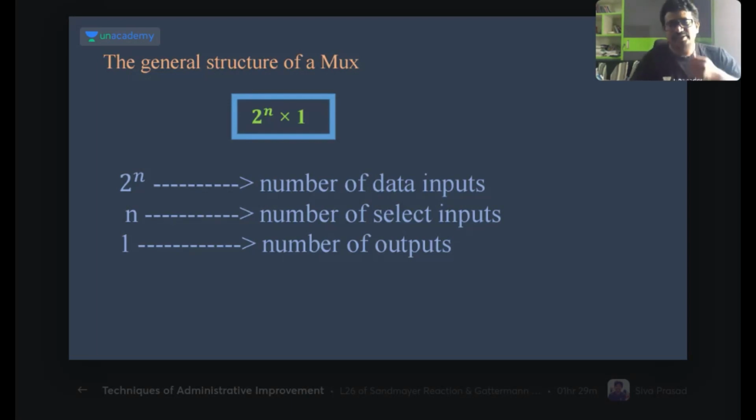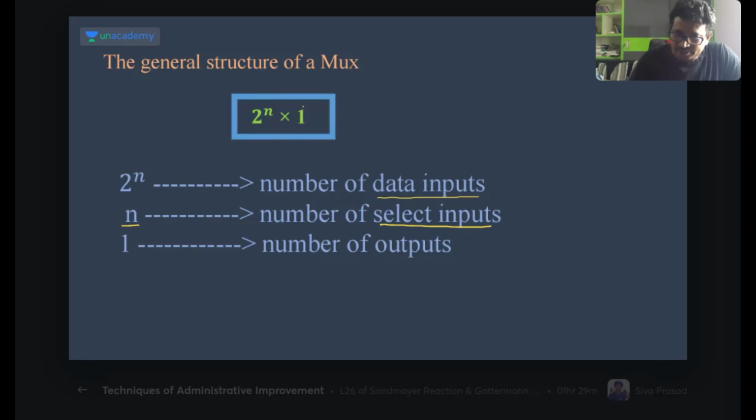What is 2 power n? 2 power n is the number of data inputs, or we should call it the number of data lines. And n is the number of select lines.